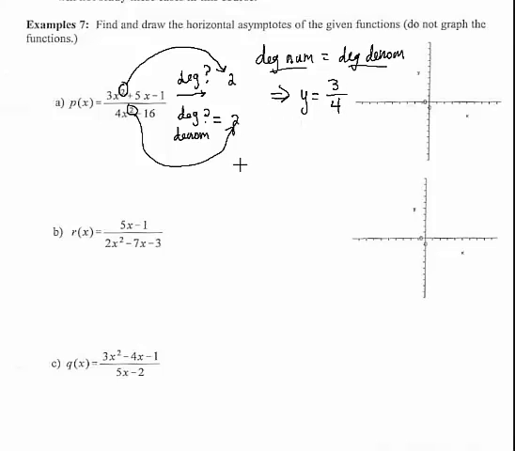So 3 over 4. And where's 3/4? I'll say 1, 2, 3, 4. I'll say that this marks the location of 1, and so positive 3/4 would be right here. If I were graphing this rational function, one of the first things I would do is mark this location with a horizontal dashed line. So this is the horizontal asymptote.